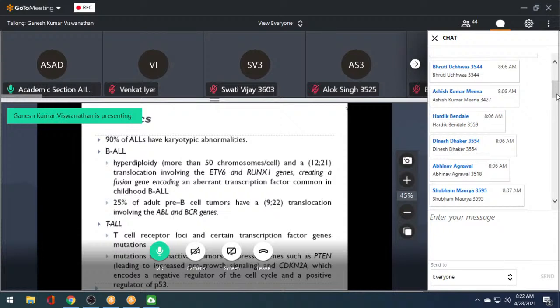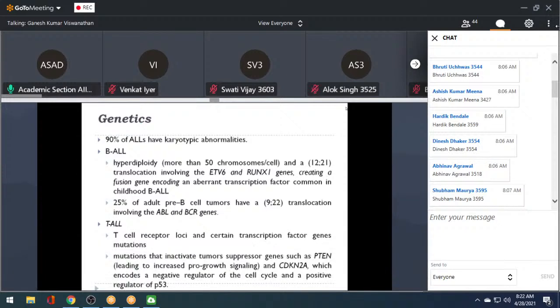In B-ALL, B acute lymphoblastic leukemia. In this class, for acute lymphoblastic leukemia, we use the term ALLs, and this will be constant throughout the class. If it's a B lineage, we call it B, and if it's a T lineage, we call it T. So in B-ALL, the common type of genetic changes seen are hyperdiploidy.